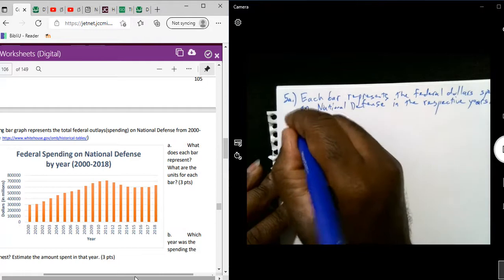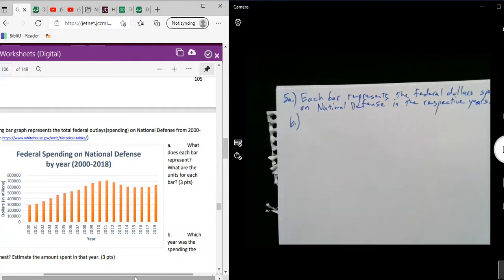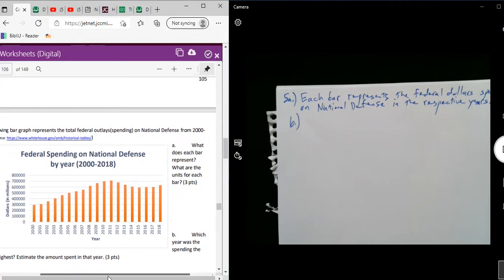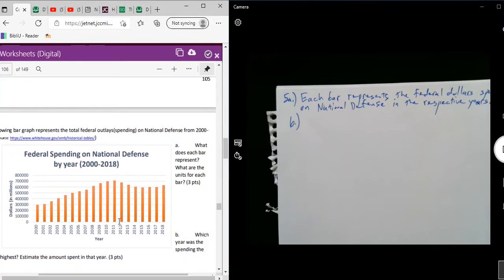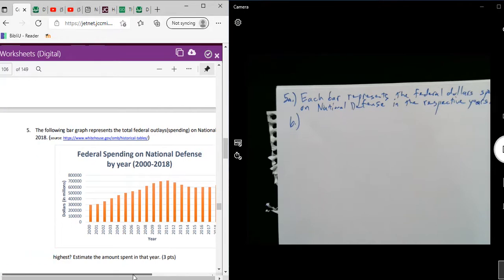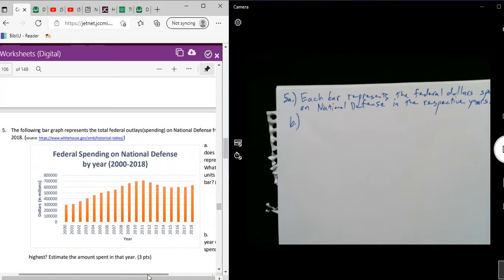All right. So B, which year was the spending the highest? So if we look here, we look at the tallest bar. The tallest bar is in 2011, and it's slightly over the line. So this, let's see, what is this in? It's in millions of dollars. So whatever amount that we have here, we have to add 6 zeros behind it.